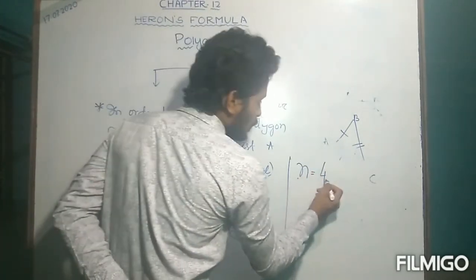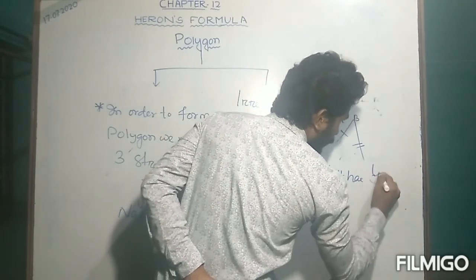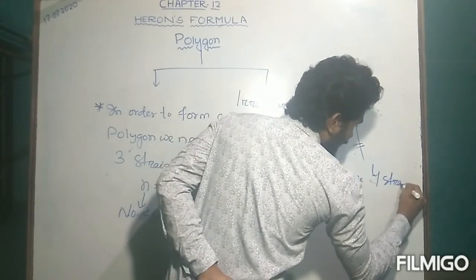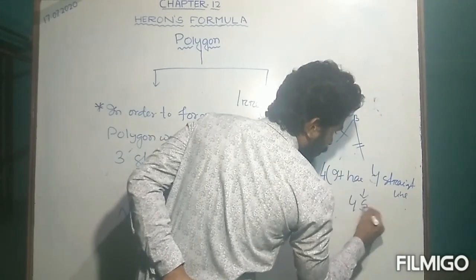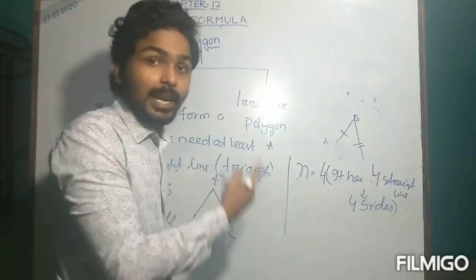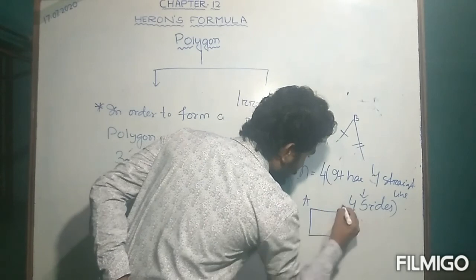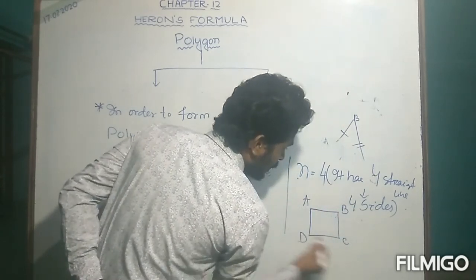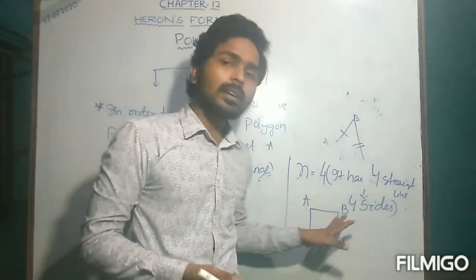So since n is equal to 4, it has 4 straight lines. It means it has 4 sides. 4 sides means it must be a quadrilateral. So by using 4 straight lines we can draw a quadrilateral.